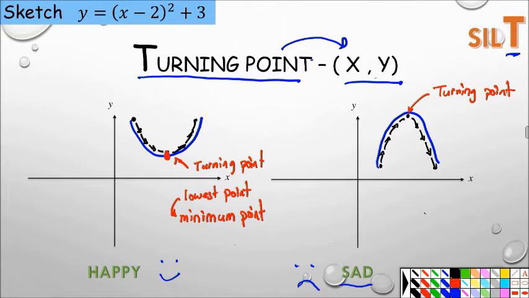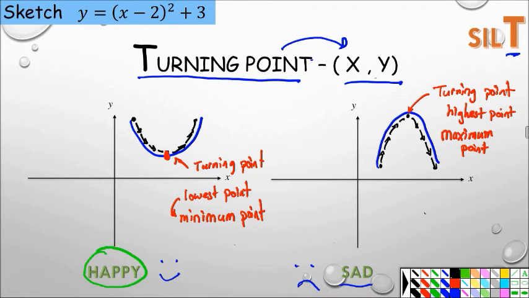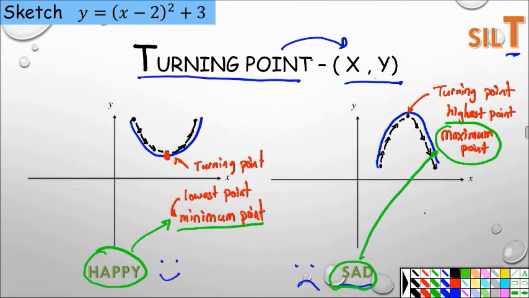So this highest point is also known as the maximum point. So in summary, a happy U shape will have a minimum point, and a sad curve will have a maximum point, and this point is the lowest and the highest point respectively.